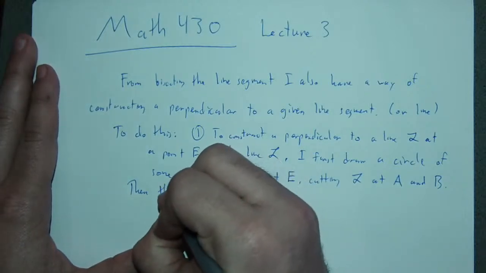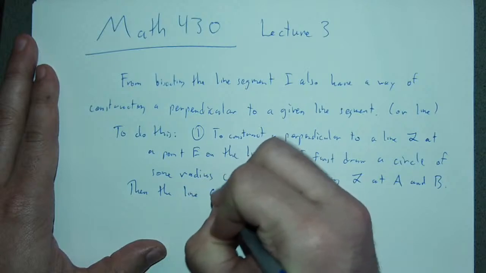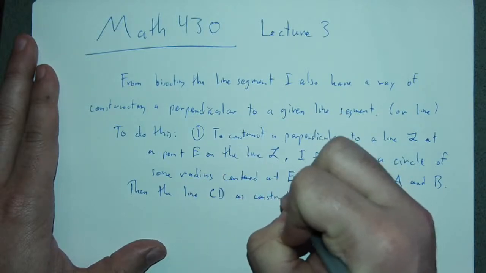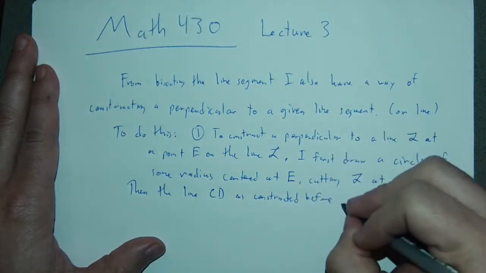Then the line CD, as constructed before, is the perpendicular through E.